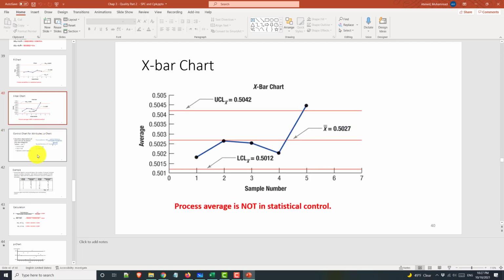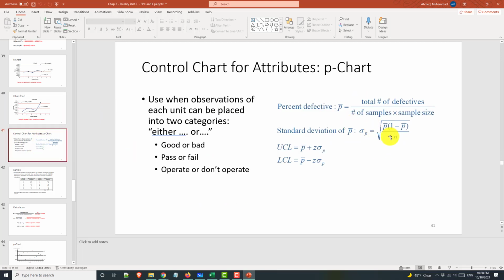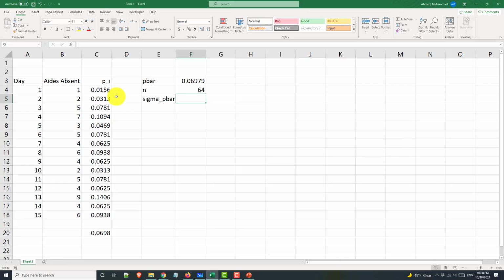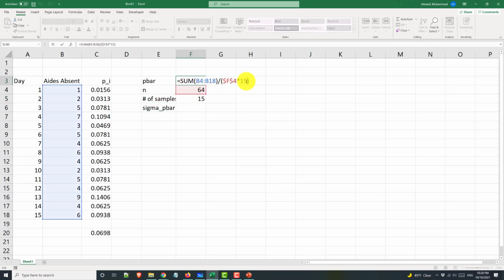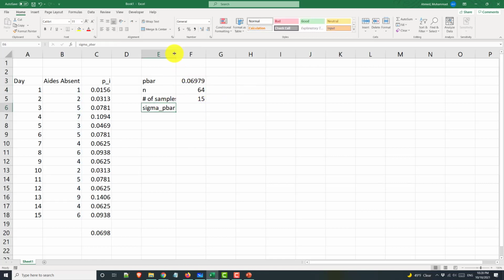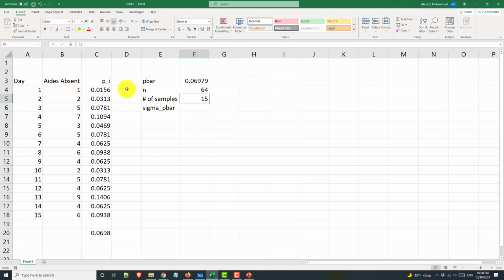Now, a very common mistake at this stage is that people don't know what is n. Like, what is the difference between number of samples and the sample size, okay? So just to clarify, let's put number of samples 15 here. And instead of hard coding 15 in this formula, I should select 15 here, okay? So, sample size versus number of samples.